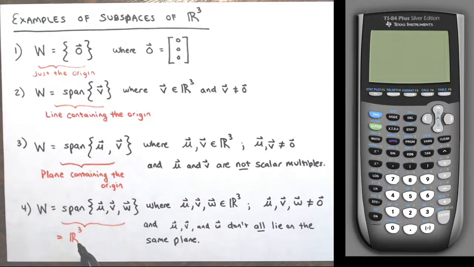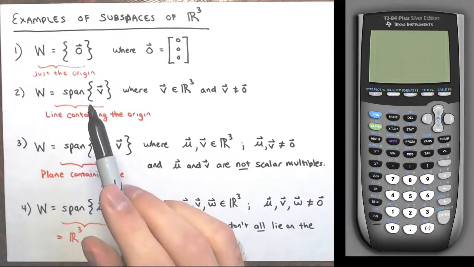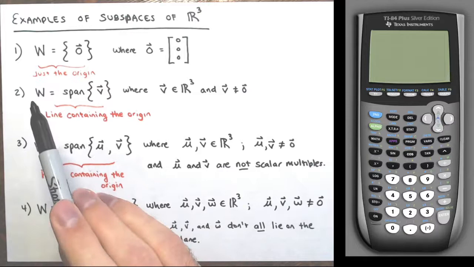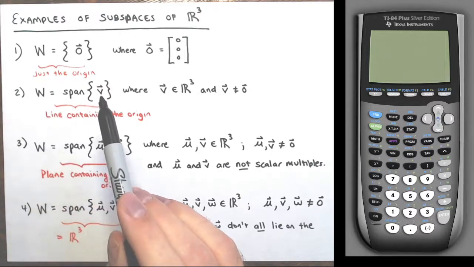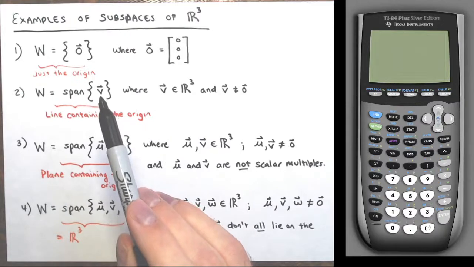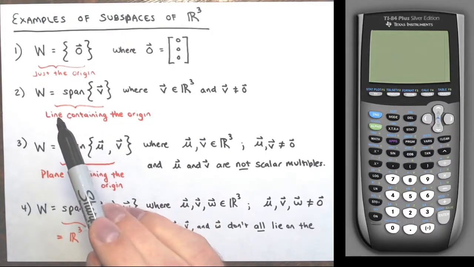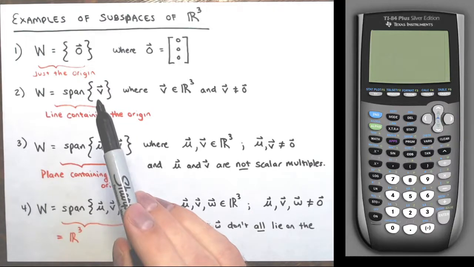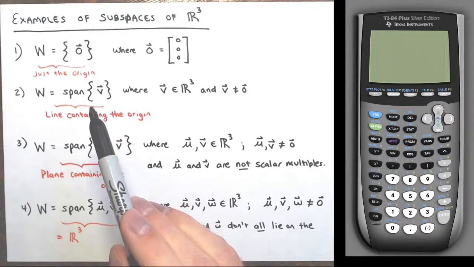If you have that case, then the span of 3 vectors like that would form all of 3D space, R3. Then you have a couple of non-trivial, or proper, subspaces. If you have the span of some non-zero vector in R3, so basically any multiple of a vector in R3, you get a subspace. It satisfies all 3 properties: it is non-empty, closed under vector addition, and closed under scalar multiplication.